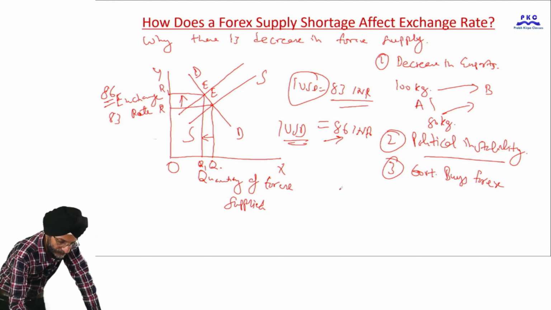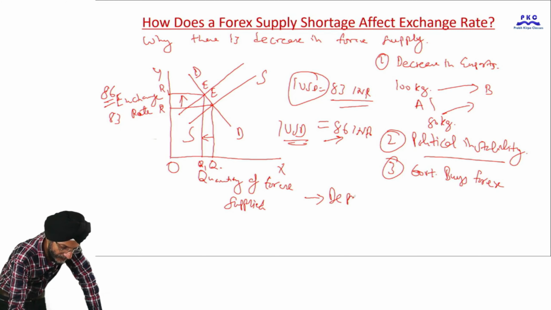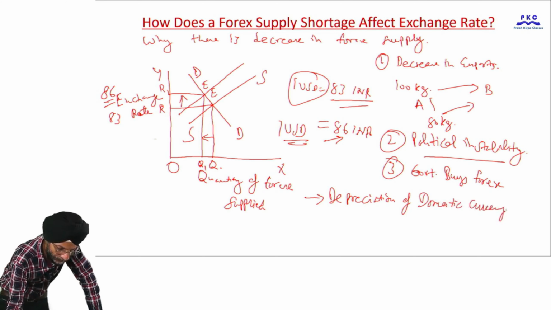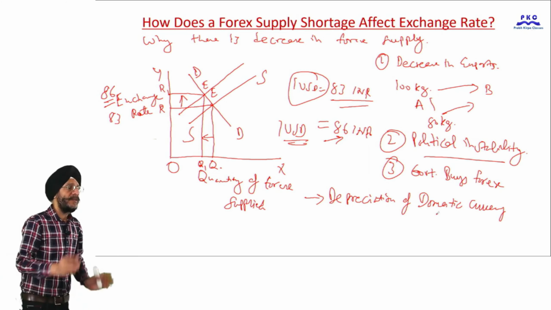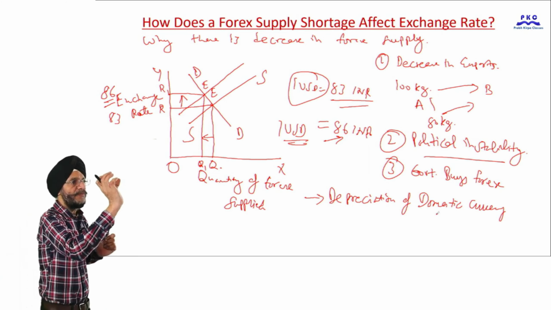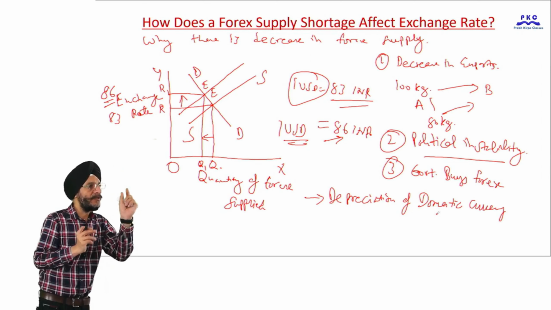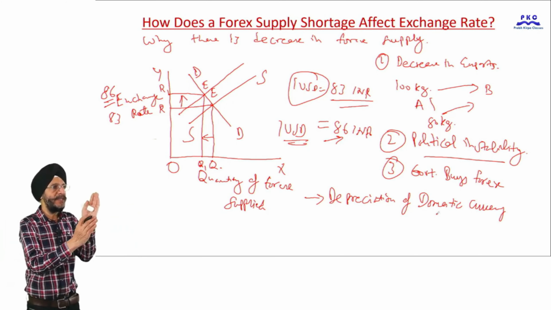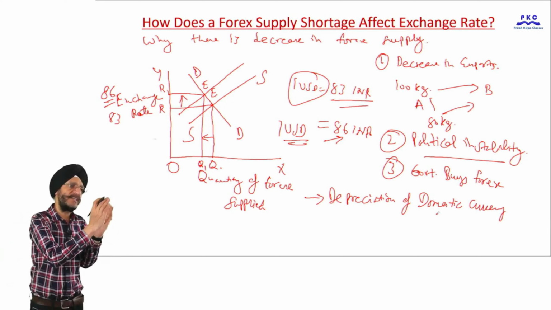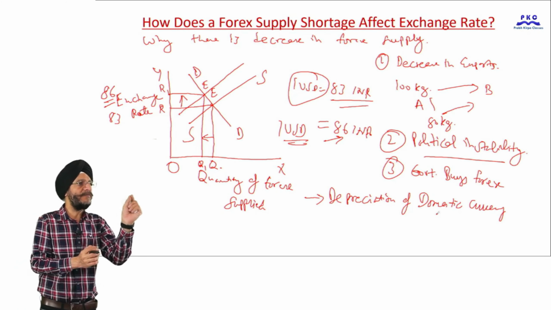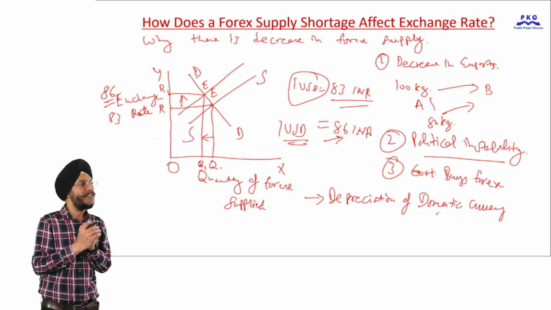So what it means? It means that it is the depreciation of domestic currency. How there is depreciation? Earlier we were getting $1 only for 83 rupees, but now as the supply of foreign currency has reduced, now we are getting $1 for 86 rupee.